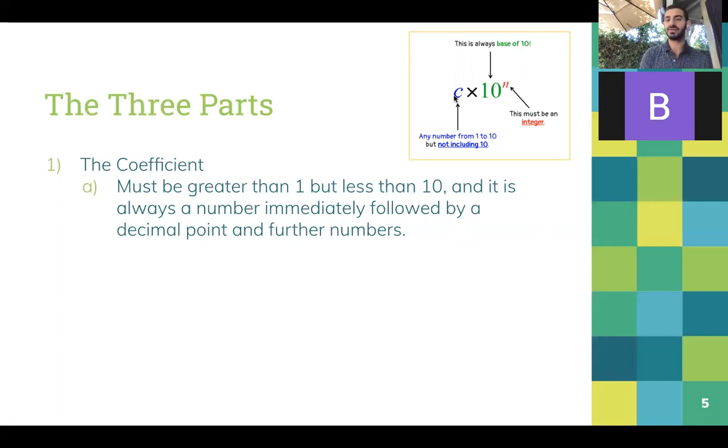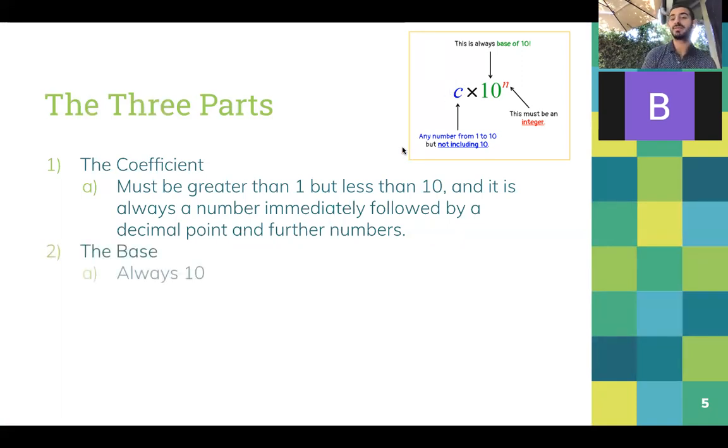So this coefficient must be a number between 1 and 10, greater than 1, less than 10. And it is always a number immediately followed by a decimal point. I'm sorry, sometimes it is followed by a decimal point and further numbers, but sometimes that's not always the case, but generally it is. So that is C, which is the coefficient.